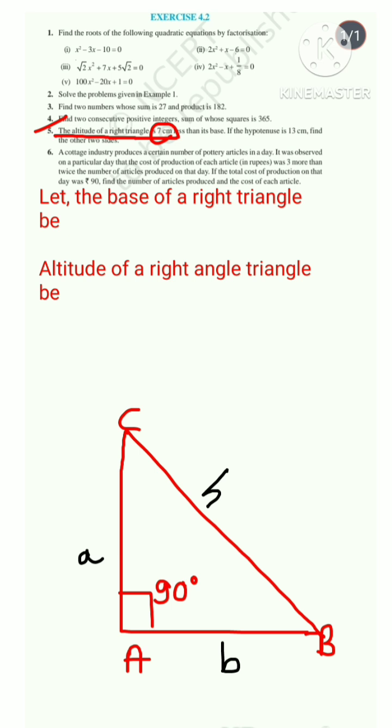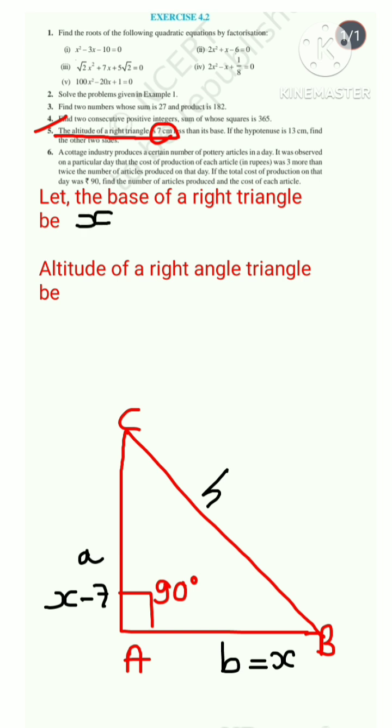It means, okay, firstly, let's assume the base of this triangle be x. Then altitude of this triangle will be 7 cm less than x. So it means x minus 7. This is altitude.